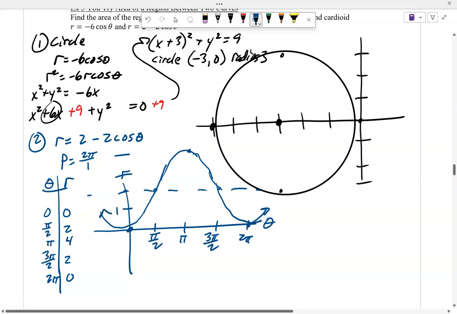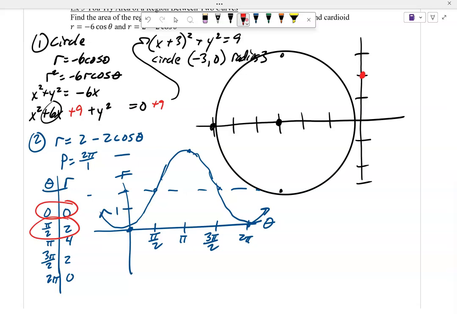All right, let's take a few of these points. Let's take a look at this r. If theta is 0, r is 0, so we're right there. Now let's go to the next one. If I rotate pi halves and go out a distance of 2, I'd be right there. Or rotate pi: 1, 2, 3, 4. I'd be right there. Let's do the next one. r is 2 at 3 pi halves, so I'm right here. Maybe I want to do another one, like 2 pi thirds, which is 120 degrees.